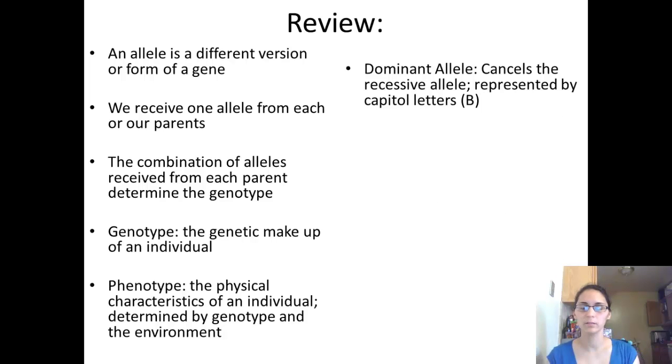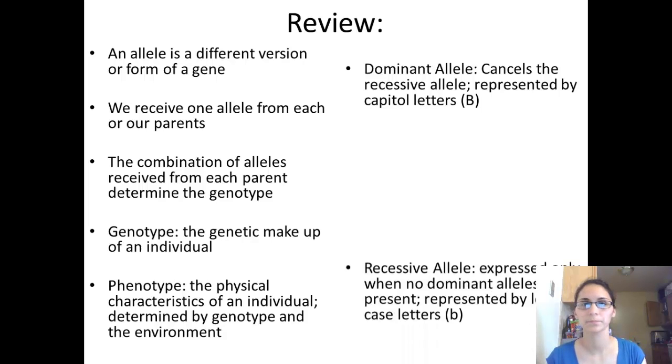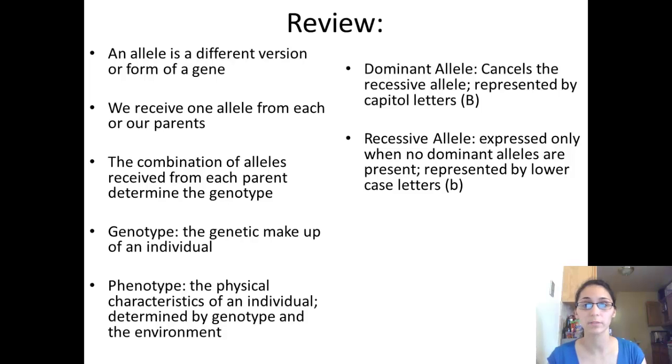Dominant allele is an allele that cancels the recessive allele, and it's represented by capital letters. And a recessive allele is expressed only when no dominant alleles are present. So recessive alleles are represented by lowercase letters.